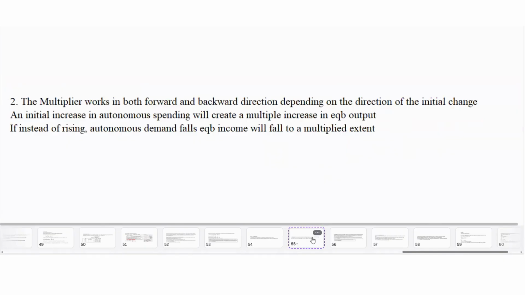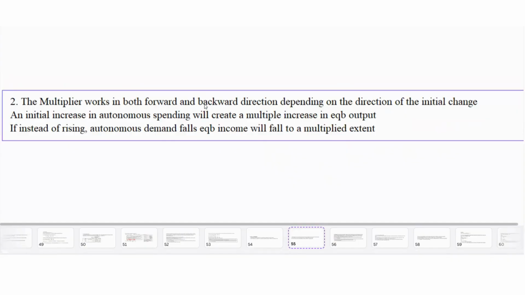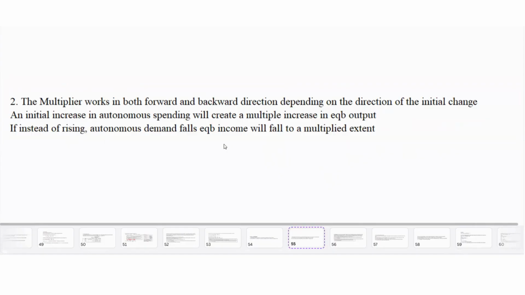The second thing is that so far we were looking at the multiplier effect of an increase in G. But the multiplier works in both forward and backward directions, depending upon the direction of the initial change. An initial increase in autonomous spending will create a multiple increase in equilibrium output.